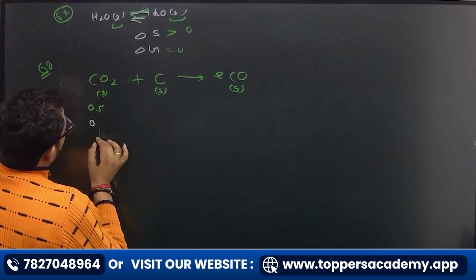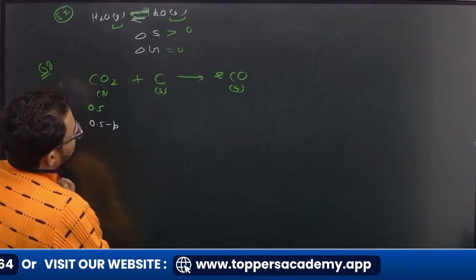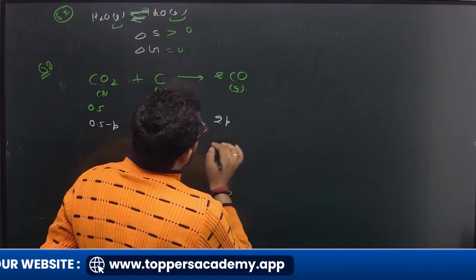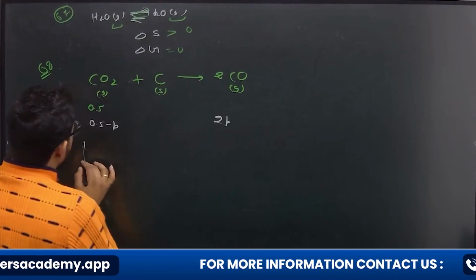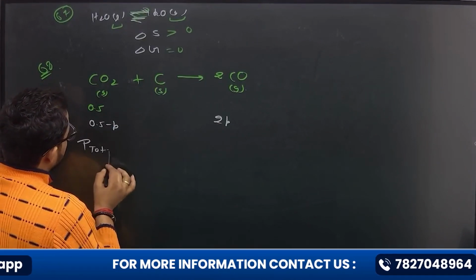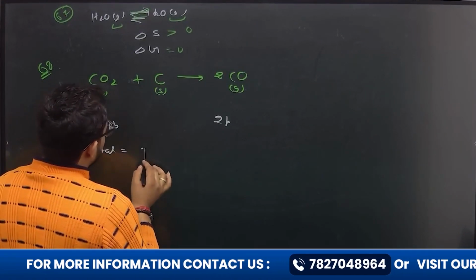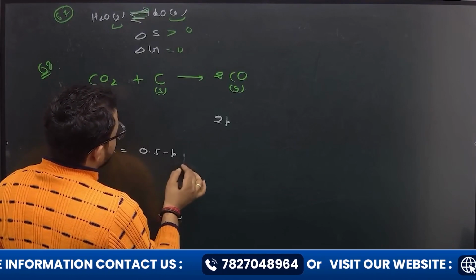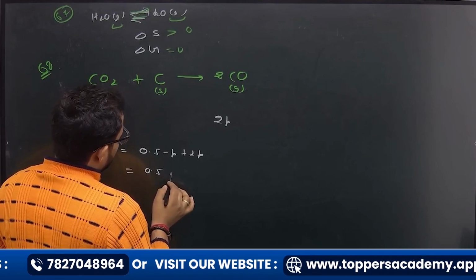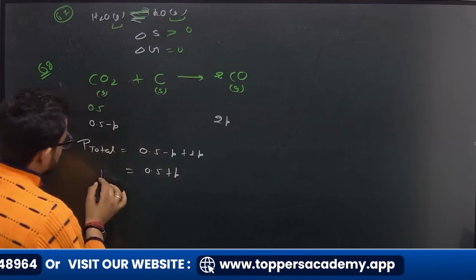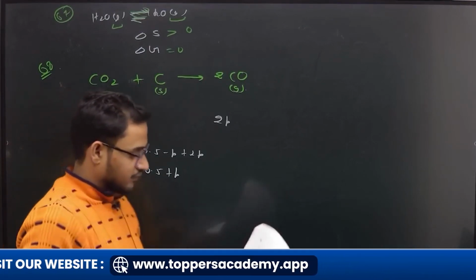Some pressure p is going to be used up from CO2, and 2p is going to be formed for CO. So total pressure is 0.5 minus p plus 2p, which is 0.5 plus p, and it is given as 0.8 atm.